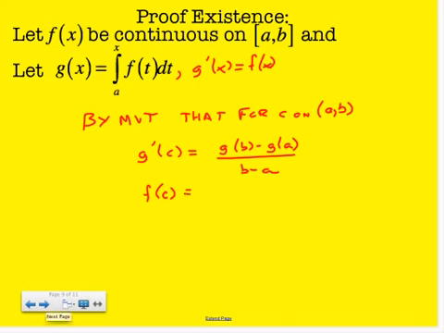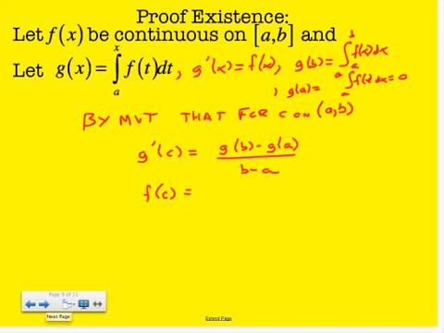And what is g of b equal to? Okay, so let's go back up here. g of b is going to be the integral from a to b of f of x dx. And g of a is going to be equal to the integral from a to a of f of x dx, which equals 0.